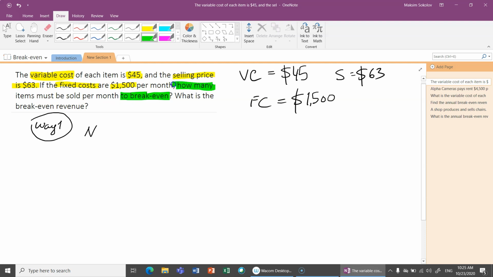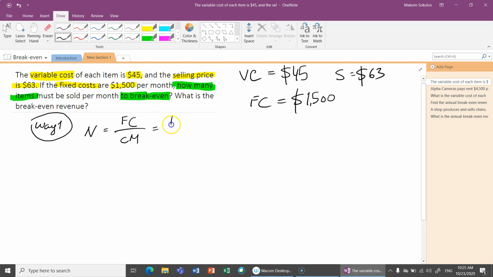This number of items to break even, we'll use letter n to denote. So this number of items is your fixed cost divided by contribution margin. That's because this relationship shows how many times contribution margin fits into the fixed cost. And that's exactly what will be happening when we break even.